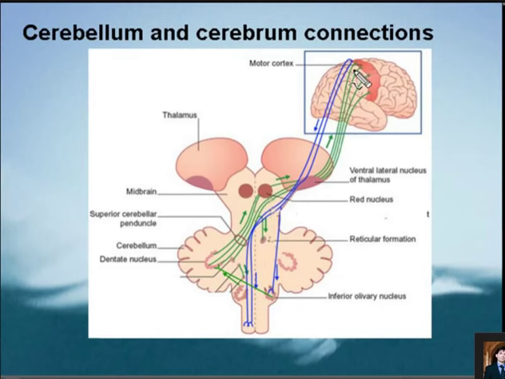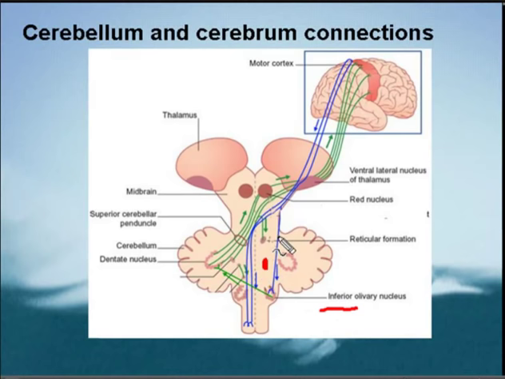Then we have these fibers which come from the cortex. Up here they are going to the inferior olivary nucleus, and then we have the olivocerebellar fibers. What I've not shown here is they also go to the pons. So these are corticopontine, and from the pons they go to the cerebellum. So those are the pontocerebellar fibers. So this is how it is. It gets its information from the cortex.